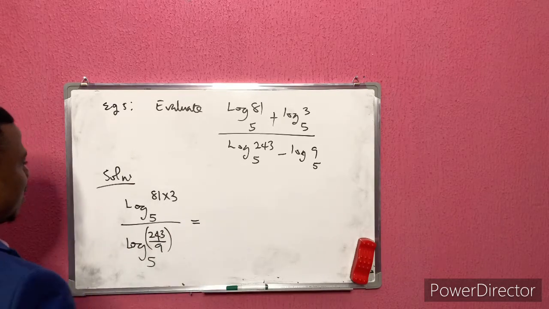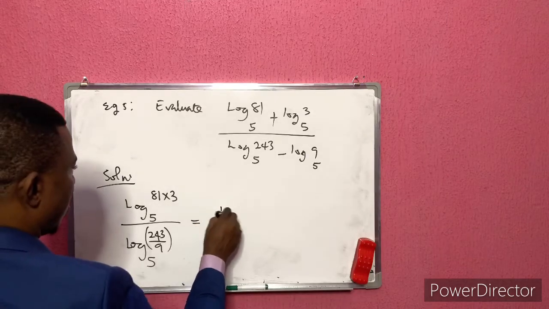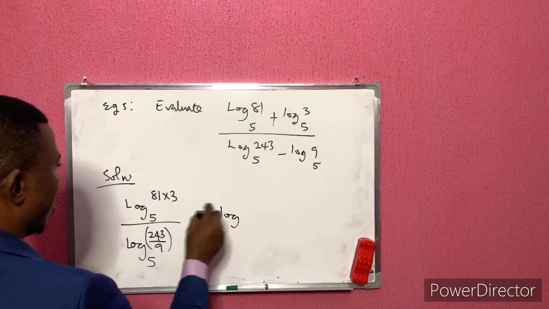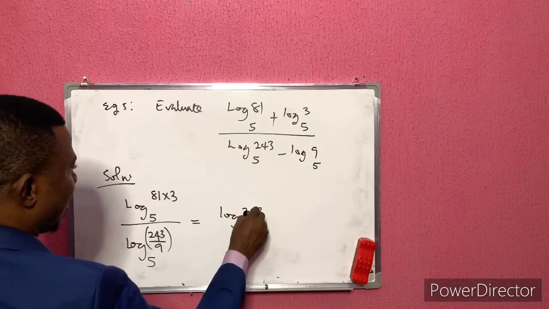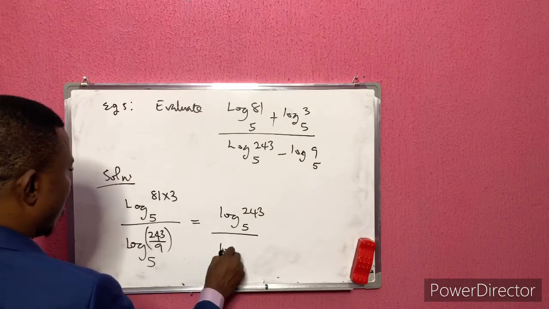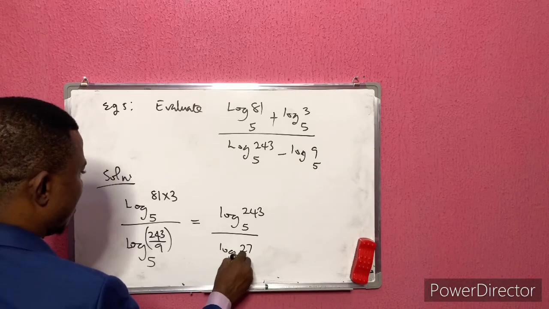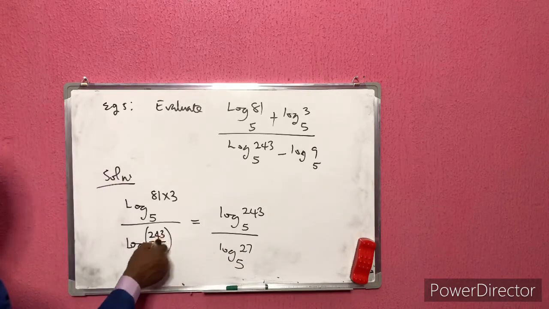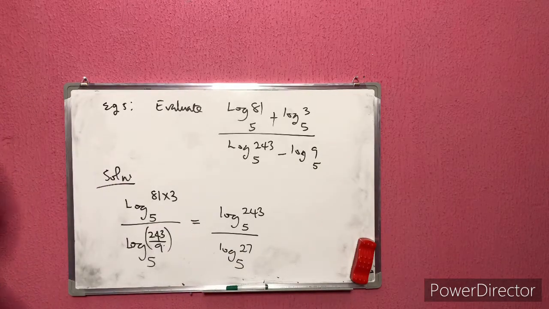This will give us log 27 base 5 all over log 27 base 5, because 81 over 3 is 27 and 243 over 9 is 27.